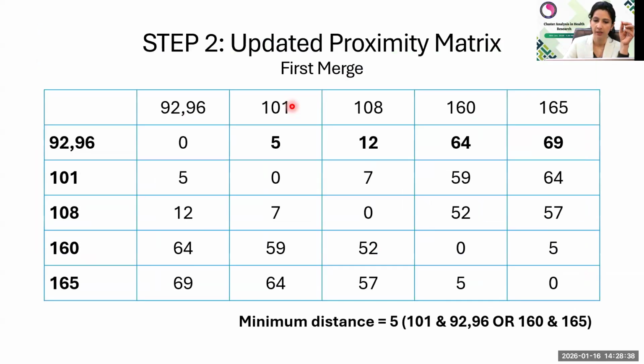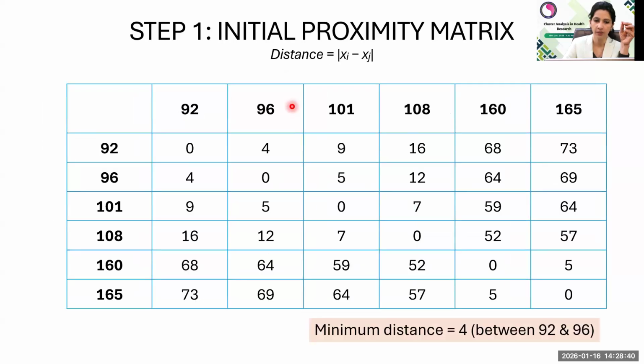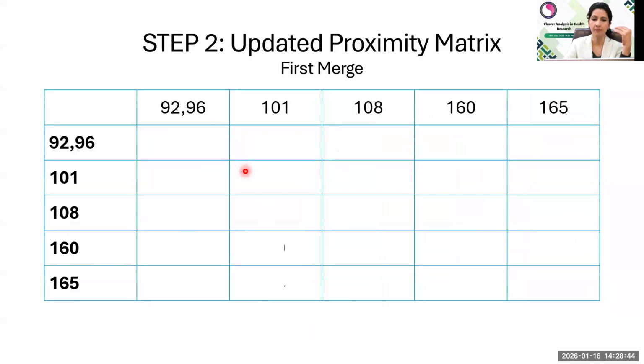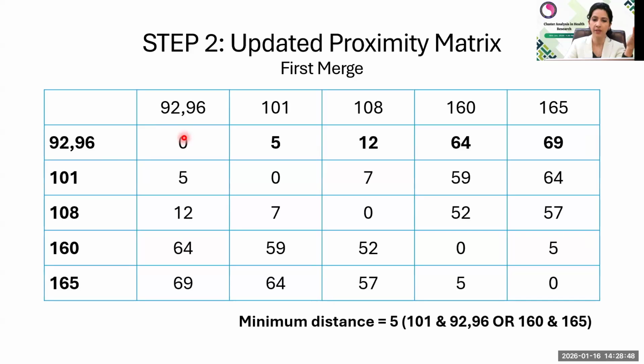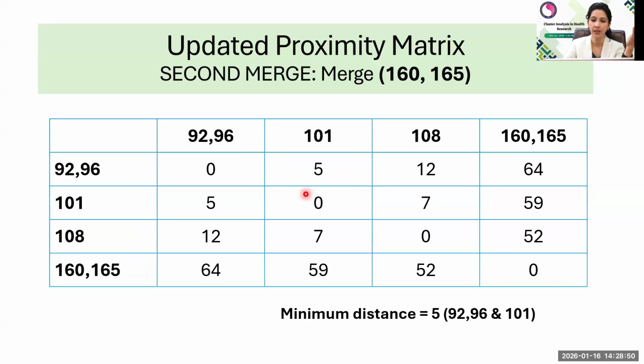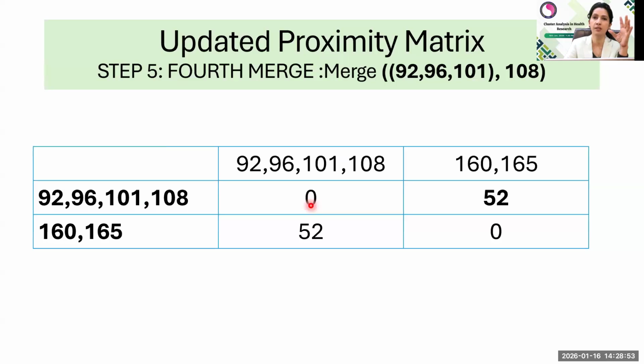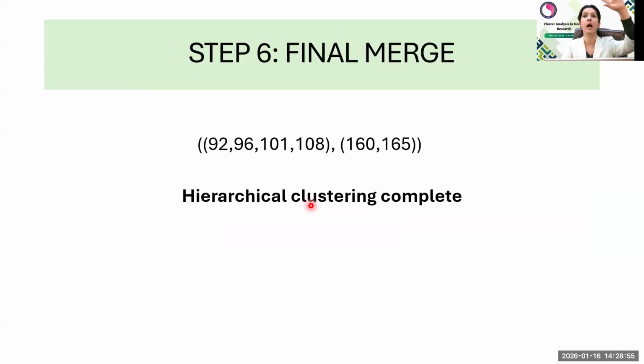So if you see here, we started with the individual data points and then subsequently we kept on merging 92 to 96, and then we merged 92 to 96 with the 101 and 160 to 165. So this is the bottom up. So this is known as the agglomerative hierarchical clustering.